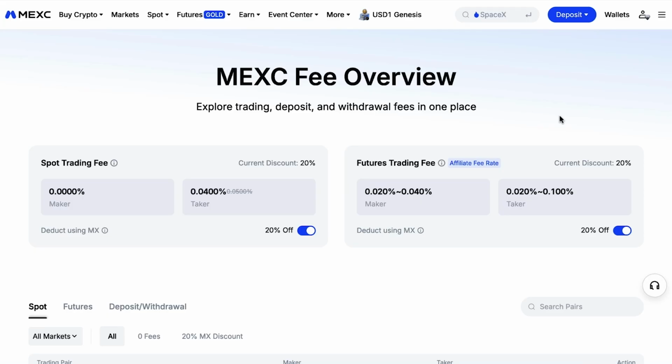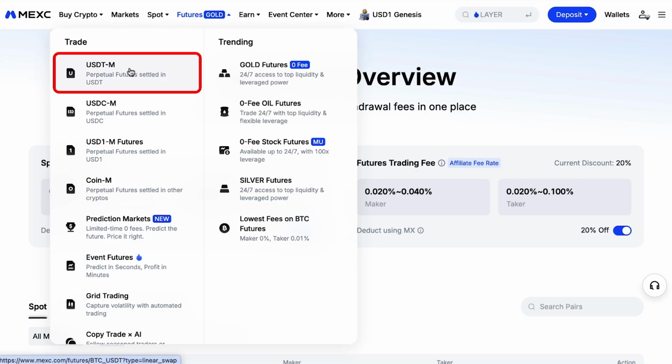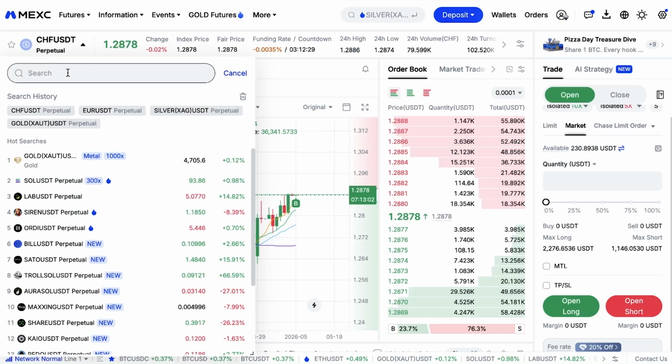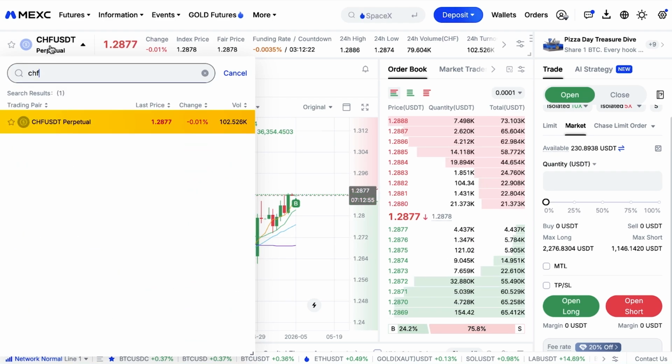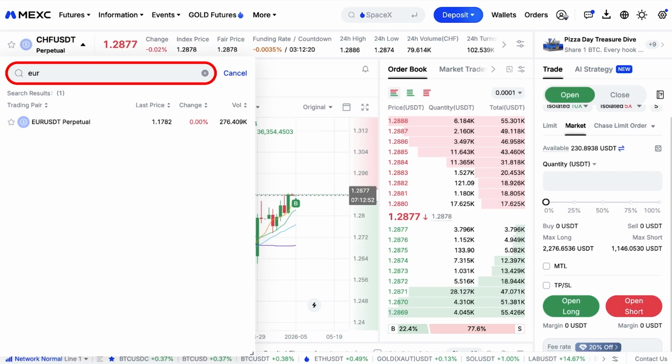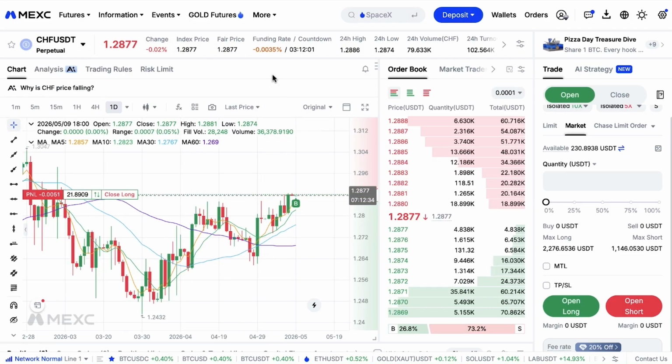On MEXC you can find forex trading pairs by coming here into futures. Then you can click for USDTM. You can use the search bar right here. Type here for example CHF, which is Swiss franc against US dollar. Here you can find euro, British pound, Canadian dollar and many other forex trading pairs.